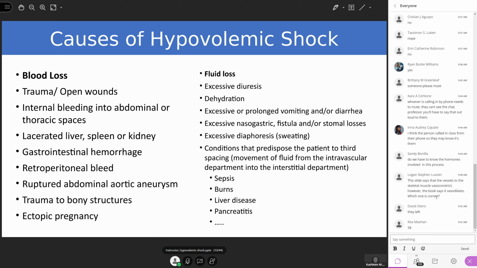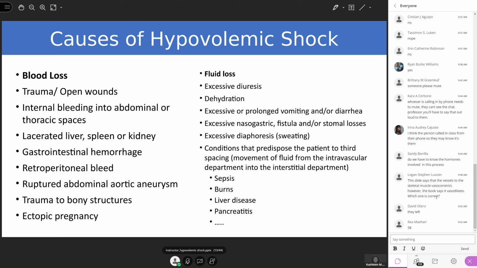So when it gets down to here, the conditions that predispose the patient to third spacing. So for example, liver disease. Maybe you've seen somebody with ascites, which is like a belly full of fluid. So you have albumin. Albumin is a blood product that basically keeps fluid in our vascular space.